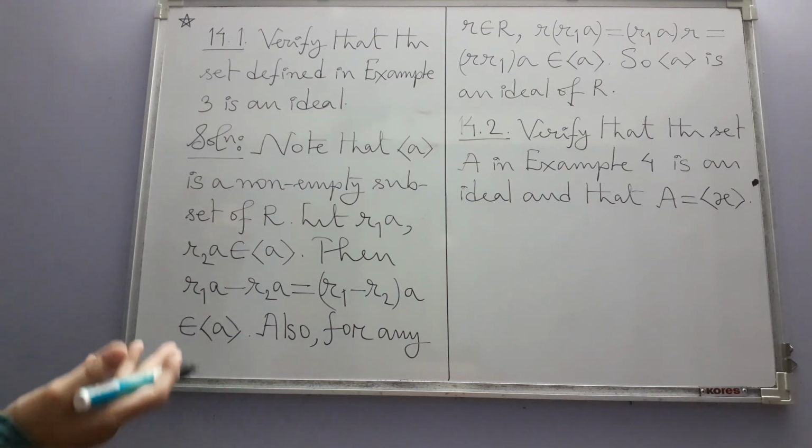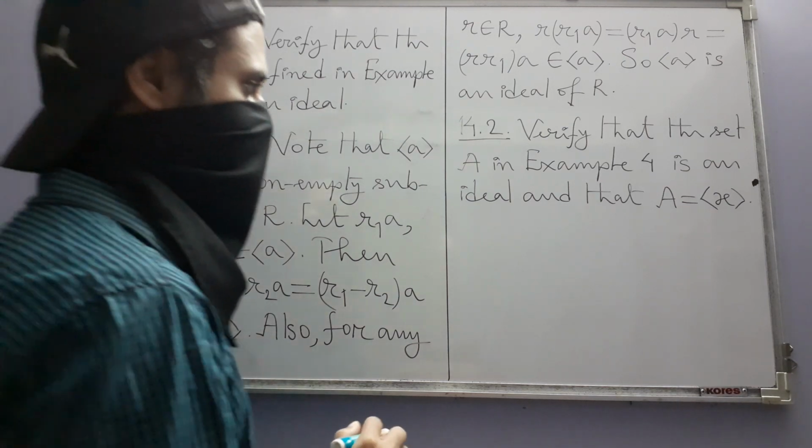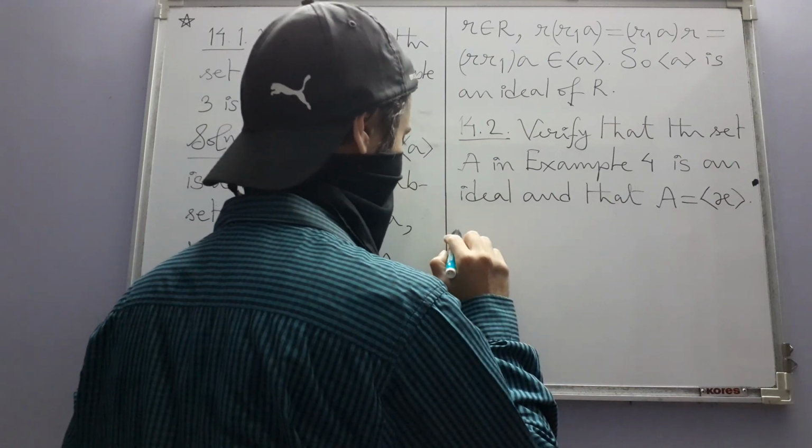So for this, let's recall what the ring is here, and then let us also recall what the set A is.